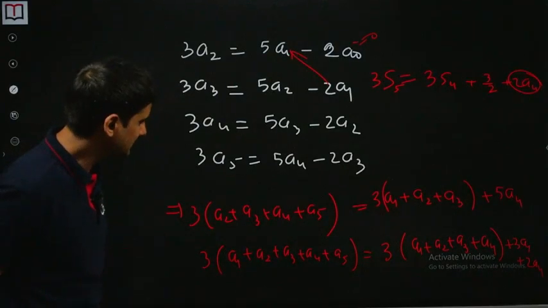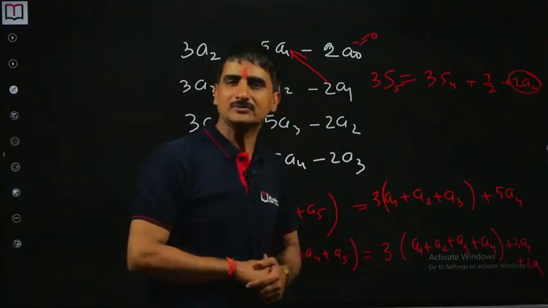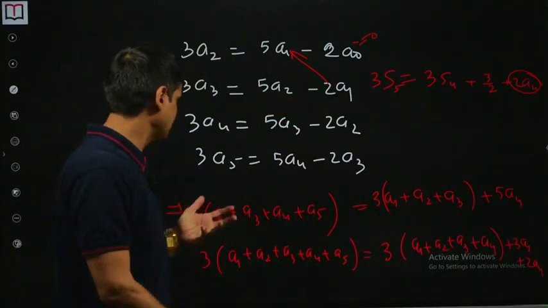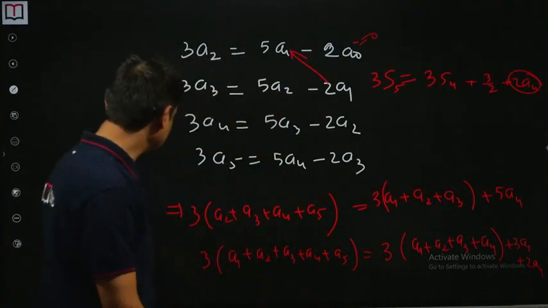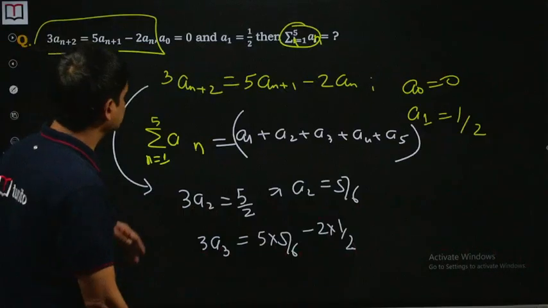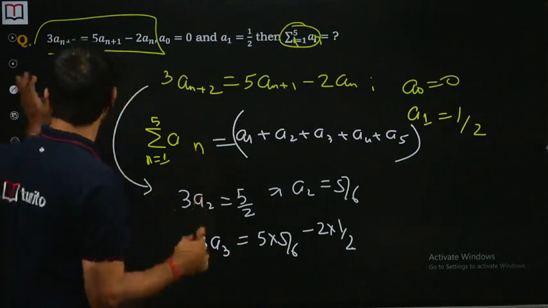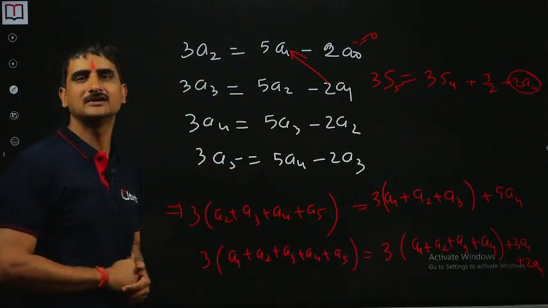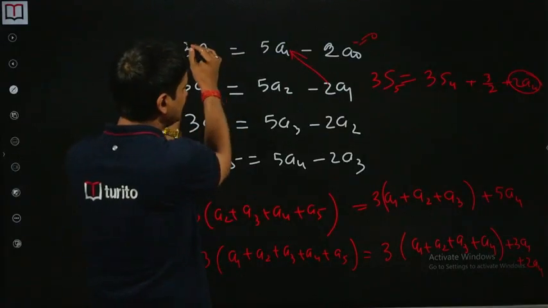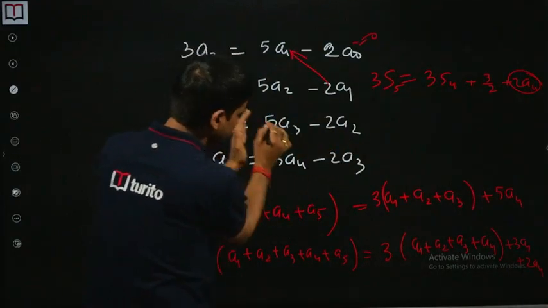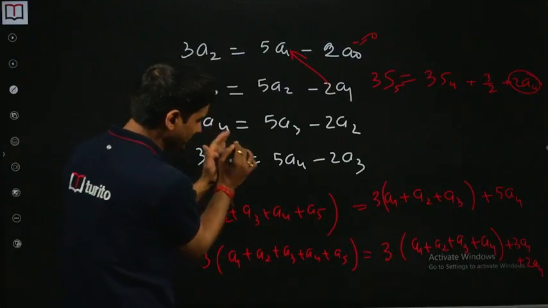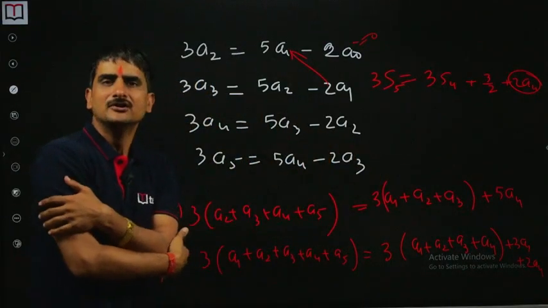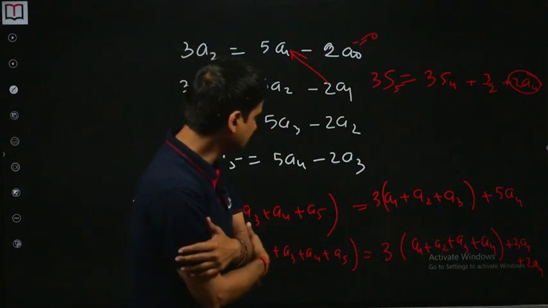Actually what I was thinking is that we'd get a pattern between these two numbers, but maybe I have mistaken somewhere. That's what I analyzed, because when I thought about solving it, I realized that if you go on adding them, the terms are getting cancelled. 3a3, 5a3, 2a3 get cancelled, 3a4, 5a4, 2a4 get cancelled. So the terms will go on getting cancelled.